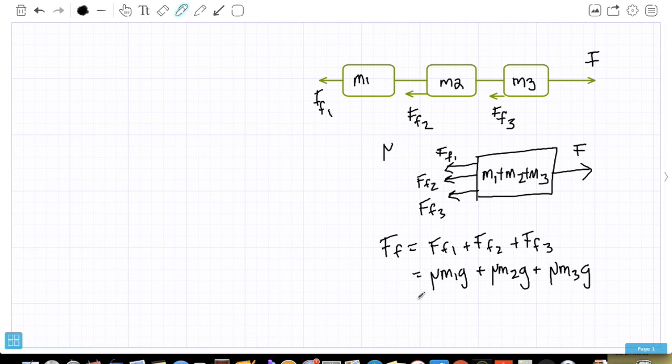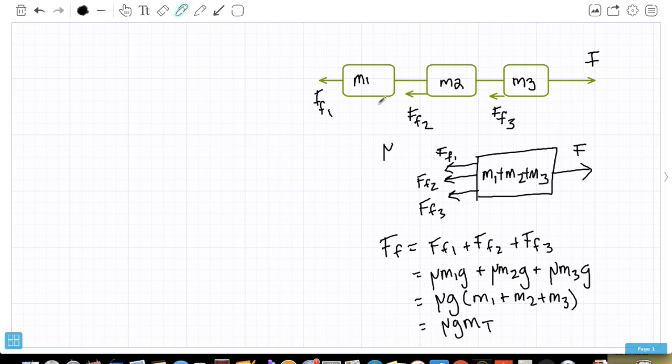Now we can factor out the variables that are the same in each term, and that's mu and g. So mu g times m1 plus m2 plus m3. So we see that the force of friction is actually equal to mu times the acceleration due to gravity times the total mass.